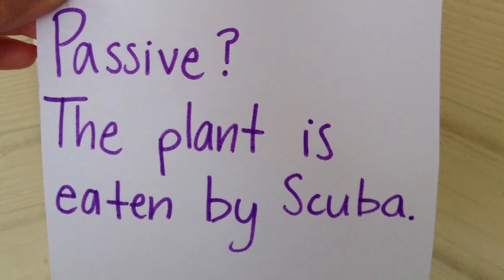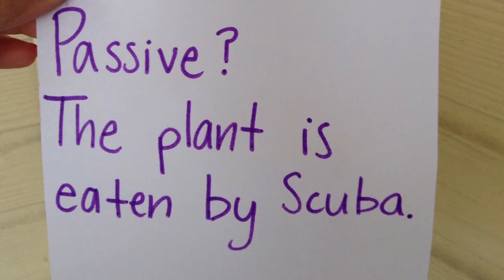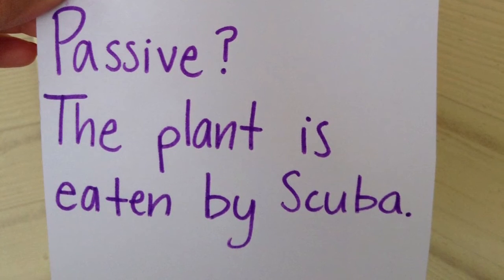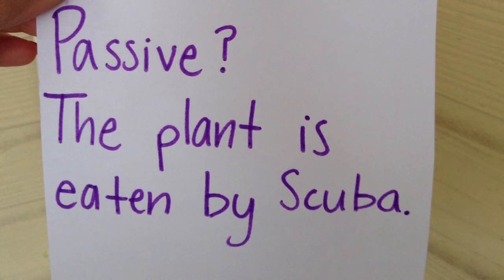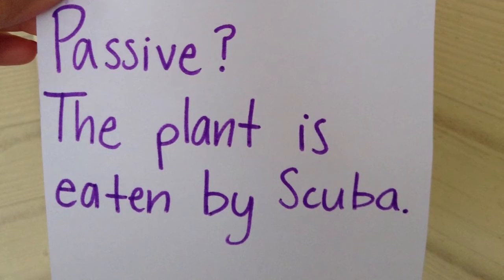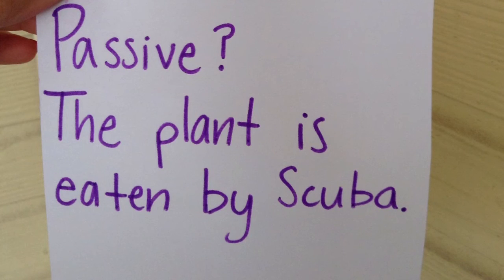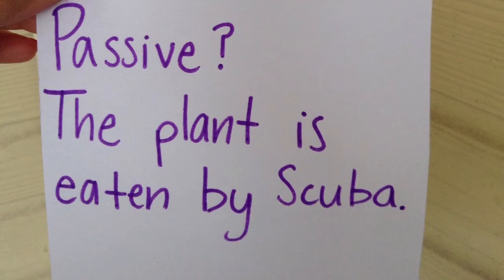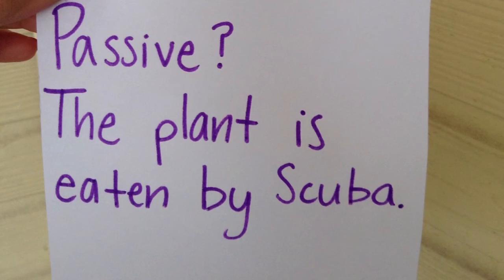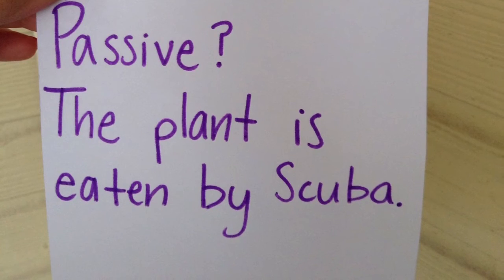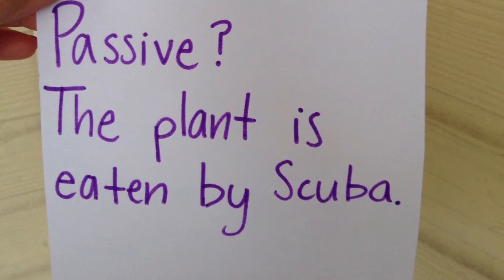Now let's take a look at the passive. The plant is eaten by Scuba. Here the plant moved up as the object, and Scuba, the subject, comes after the object. Here we also see an indirect relationship between object and subject.